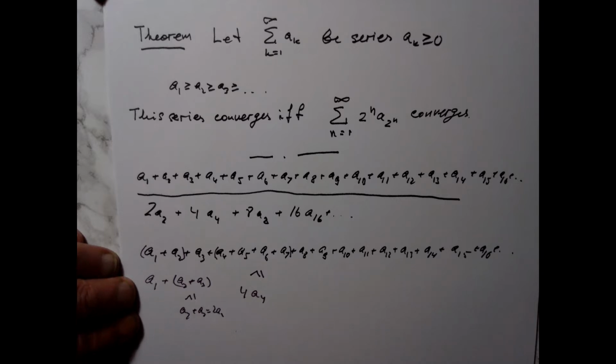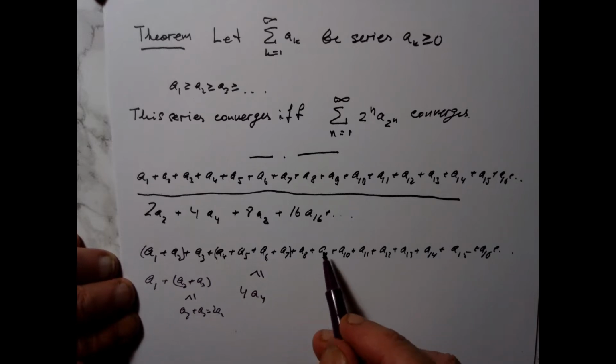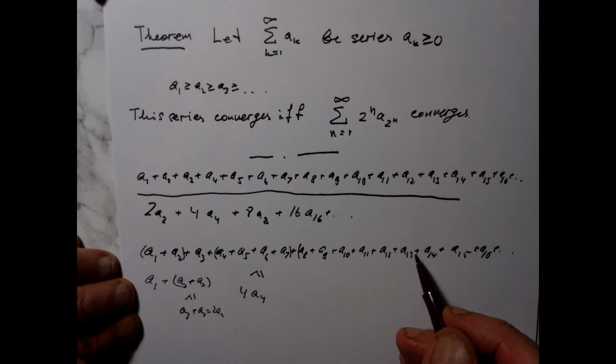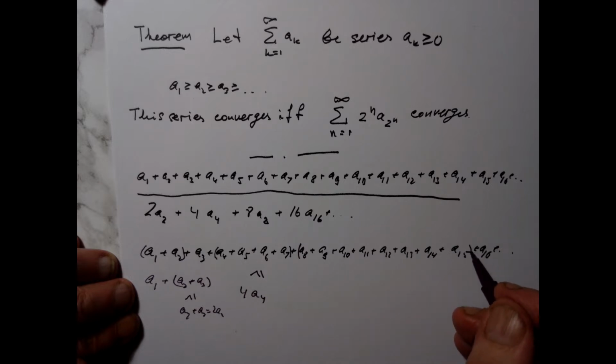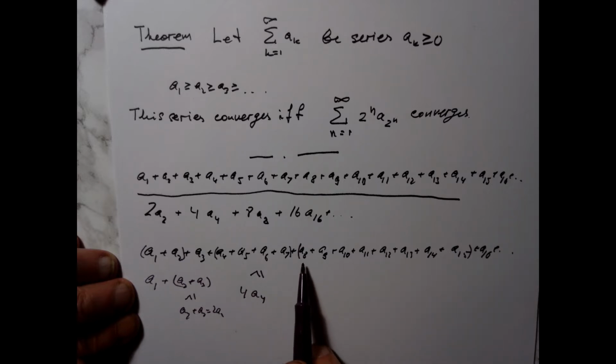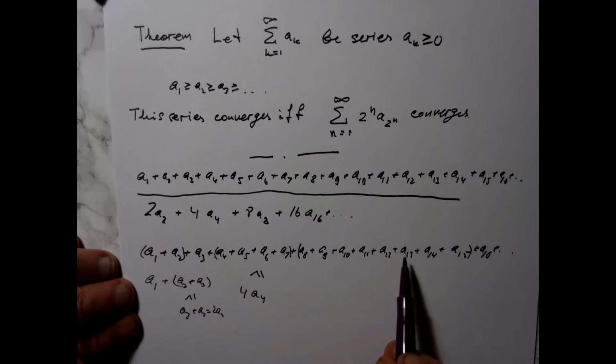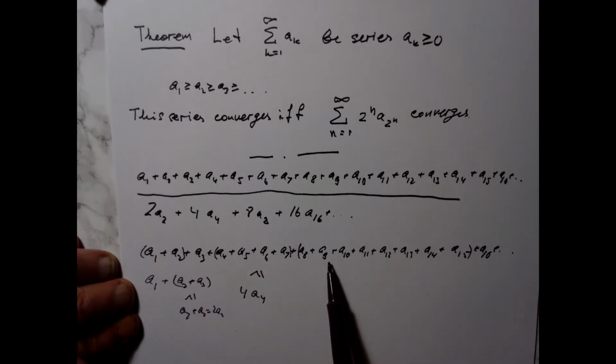Let's do it one more time. I'm going to look at the terms a8 up to a15. And now how many terms do I have here? 1, 2, 3, 4, 5, 6, 7, 8. So there are 8 terms, and each one of those terms is less or equal than a8. So this is less or equal than 8a8. And I'm going to continue in this way.